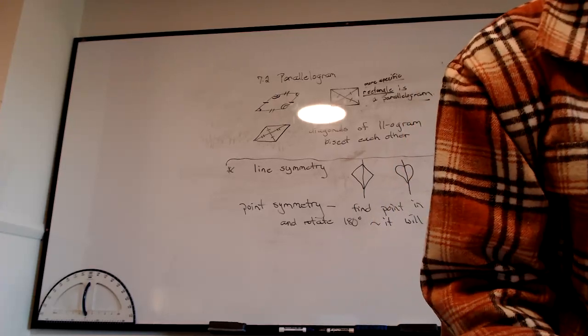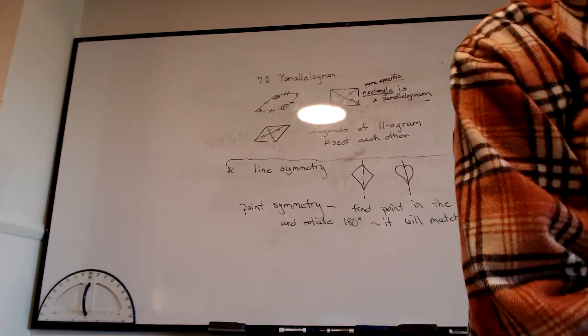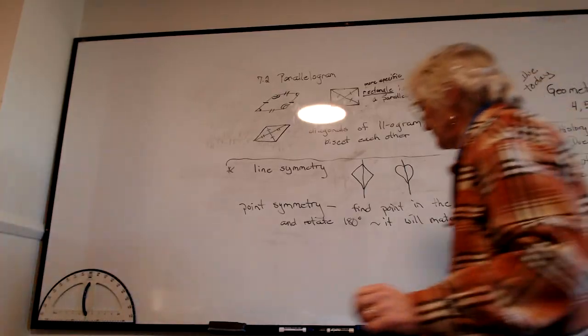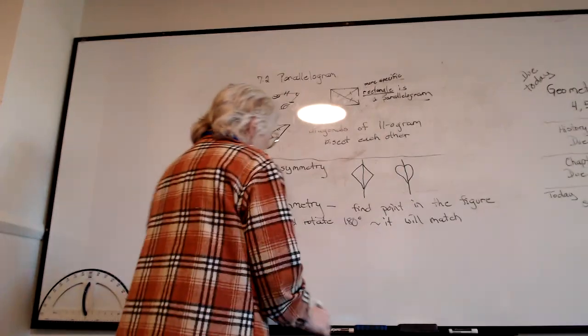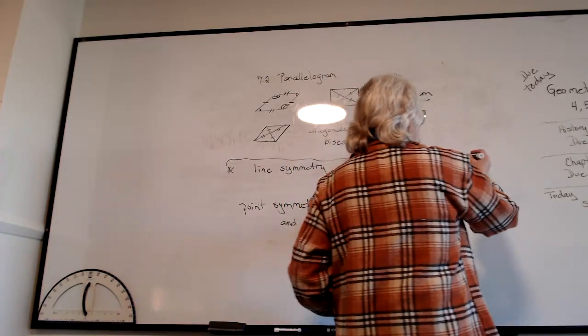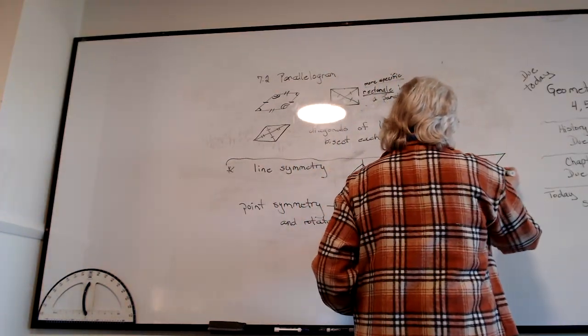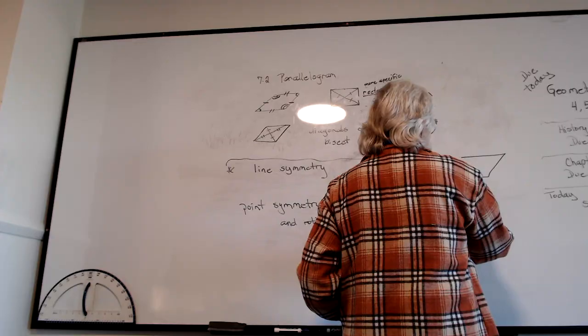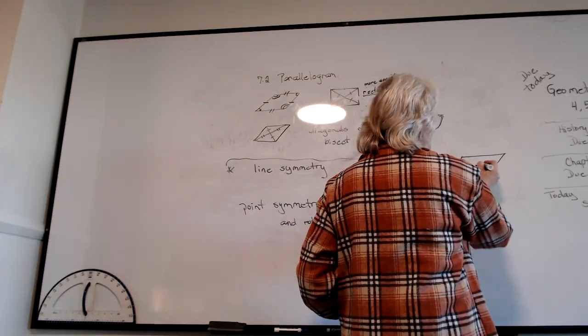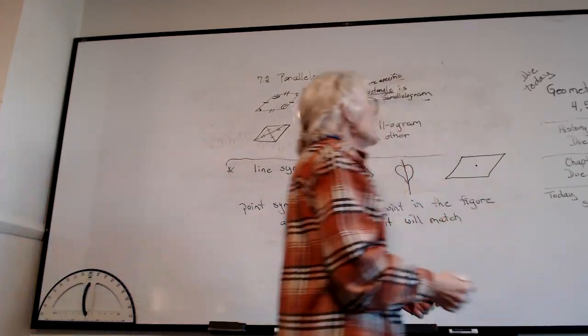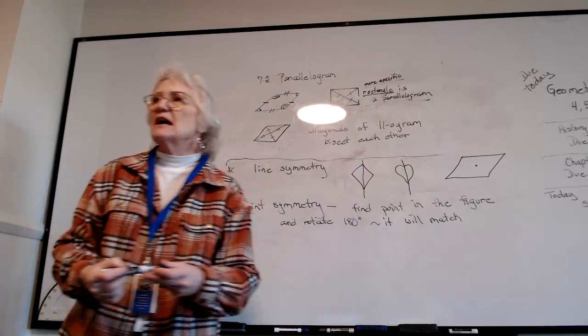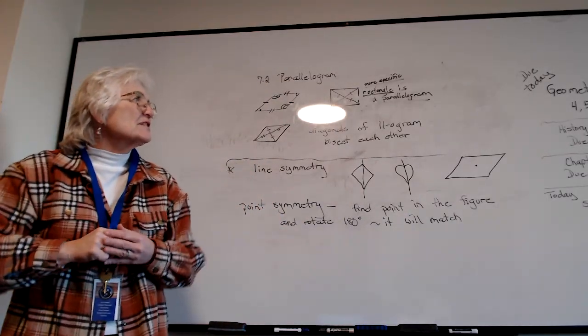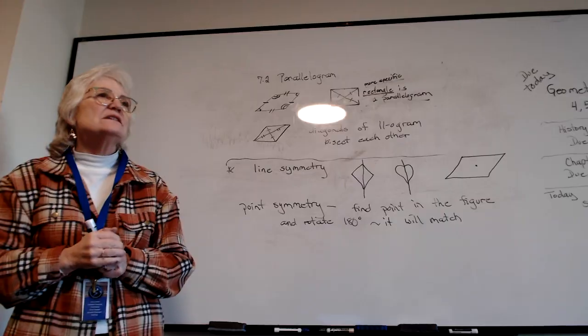The one thing that we do know is that a true parallelogram, if I drew it right, has a point of symmetry that we can rotate it to get. It actually does not have line symmetry.